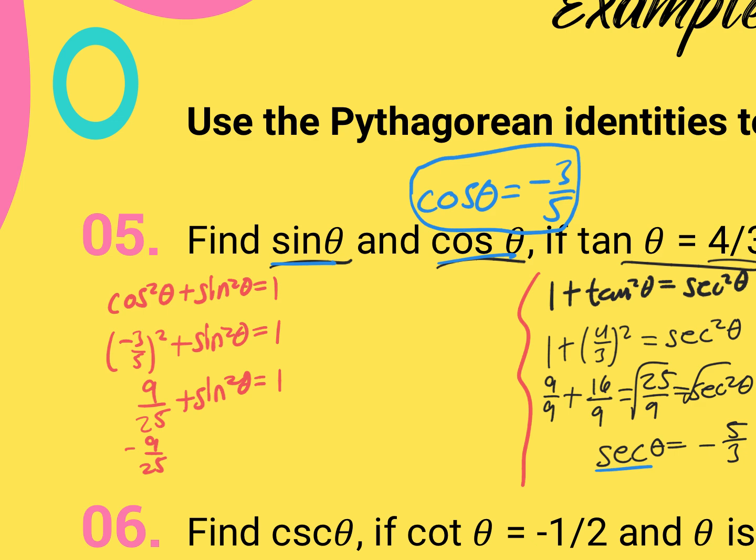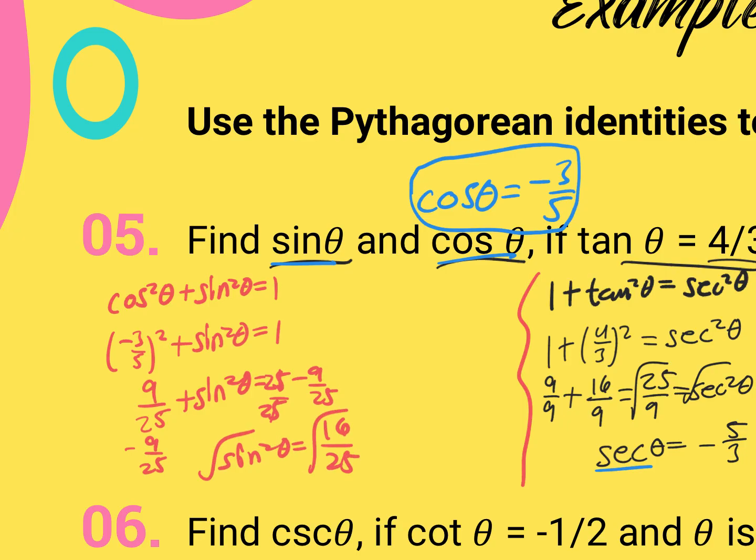I'm going to subtract 9/25 on both sides, and turn the 1 into 25/25. Then 25 minus 9 is 16, so I get sine squared theta is 16/25.